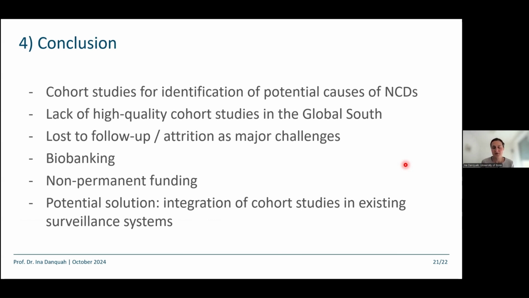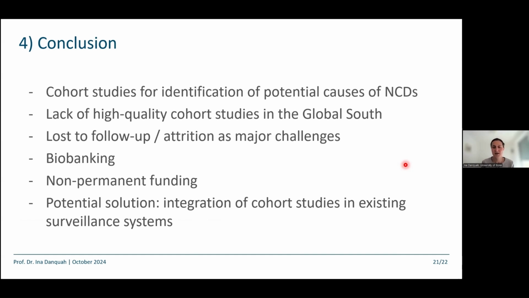And because of lack of infrastructural capacity, we still have to consider whether biobanking is possible, in which places biobanking is possible, and how we can enable partners in the Global South to establish their own cohort studies. Most of the time, this is due to non-permanent funding.